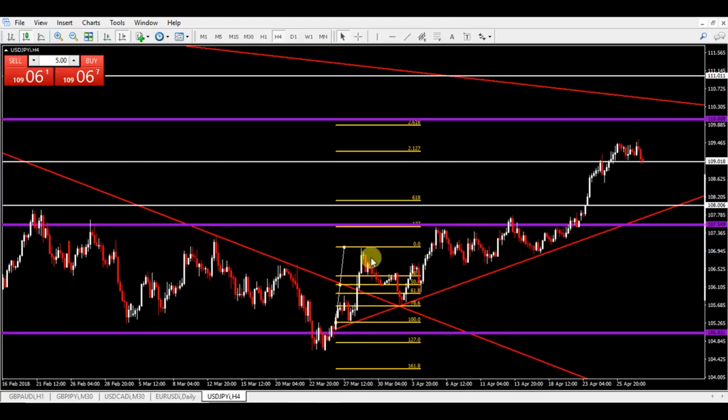A, B, C, and what did I say in regards to using Fibonacci? If it retraces deeper than the 38.2, 50, and the 61.8 and goes down to, say, for example, the 78.6, then we can expect a 127 extension to be hit as opposed to a 61.8 extension.